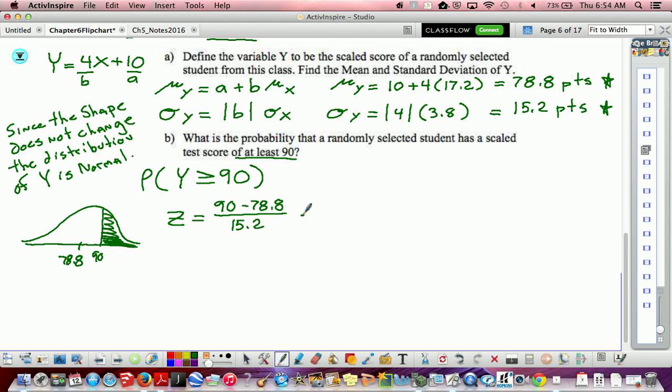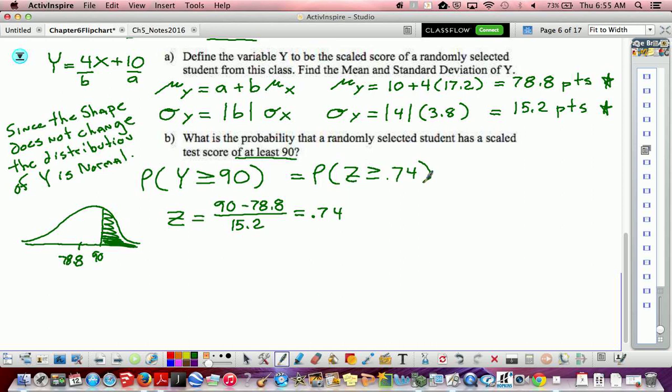If you calculate that out and round it to 2 decimal places, you get 0.74. So now what it's saying is we're trying to find what's the probability that I have a z-score greater than or equal to 0.74 standard deviations away from the mean.